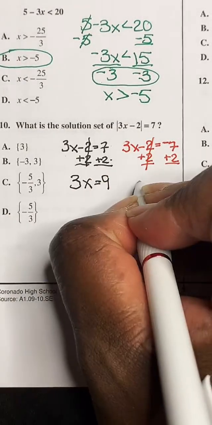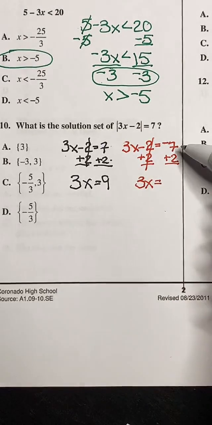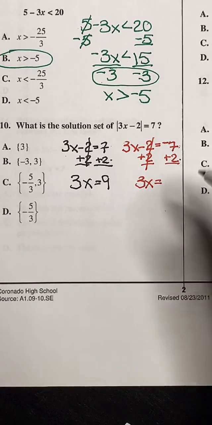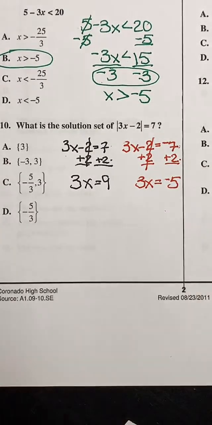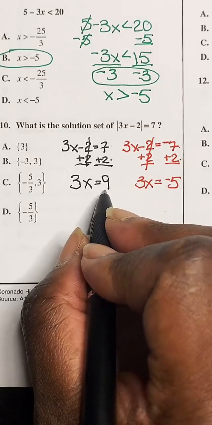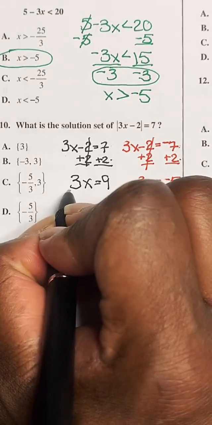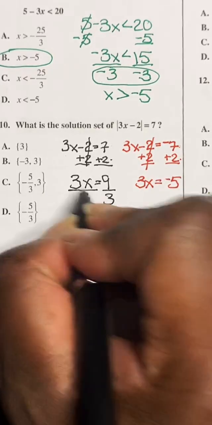And over here, we have 3x is equal to negative 7 plus 2. So you owed me $7, you gave me $2, so that means you owe me $5. So 3x means 3 times x equals 9. So I'm going to do the inverse. I'm going to divide by 3.